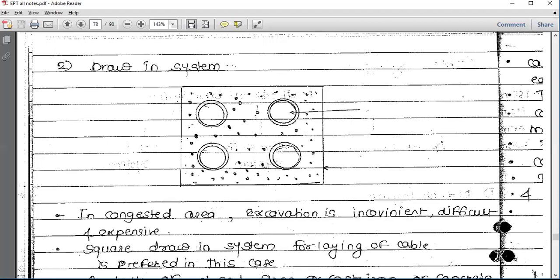In the drawing system, a square duct can be used for laying the cable. That means we are using a square duct, and in that duct you have to lay these cables.